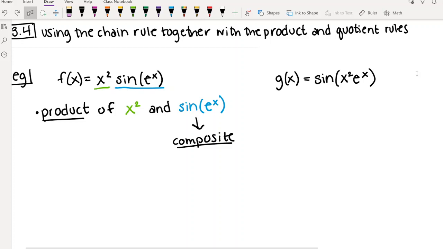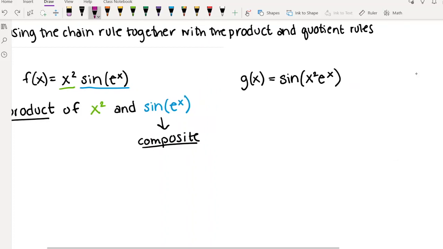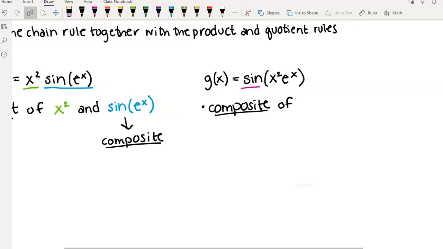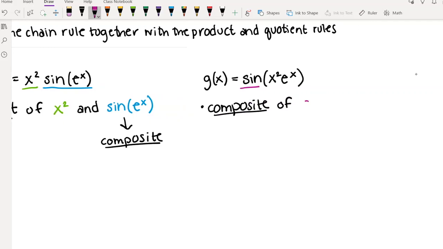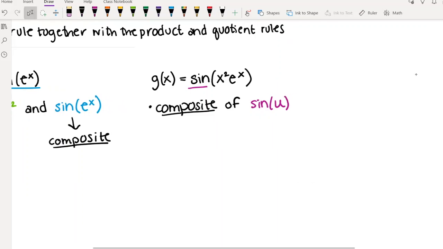On the other hand, this one is sine of x squared times e to the x. So the first thing that this function is, it's a composite of specifically sine of u, and our inner function in this case is x squared e to the x.